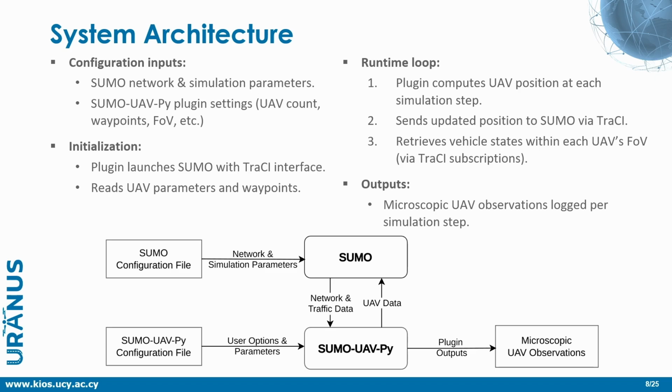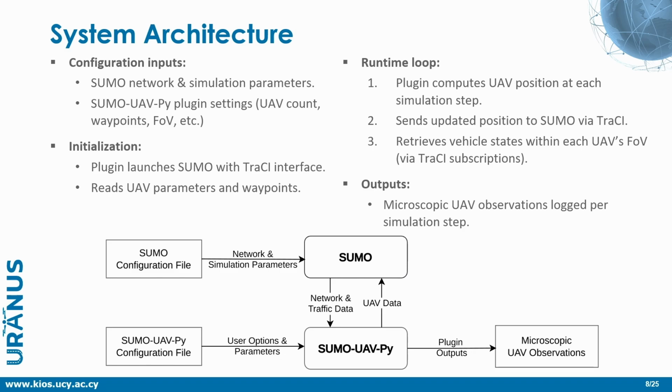The plugin starts with the initialization, which launches the plugin in parallel with the TraCI interface. We read the UAV parameters as well as the waypoints. The waypoints, depending on the model we will use, are the locations the UAV we want to pass, and we start the runtime loop.